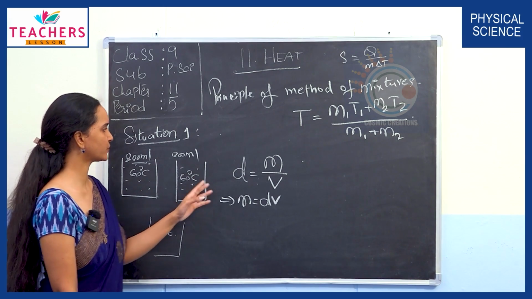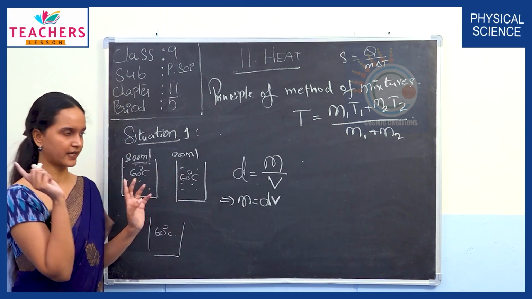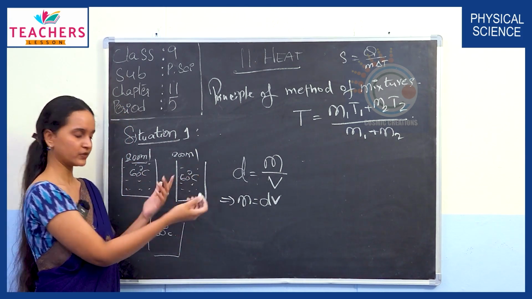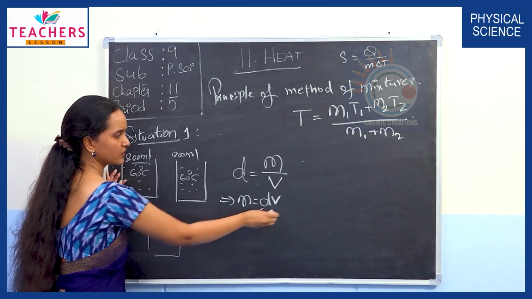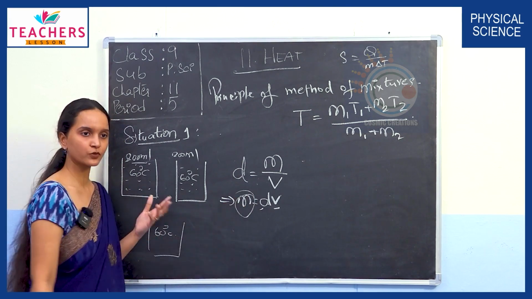So I don't have to worry about M1 and M2 now, because the substance is water, the densities are the same and the volume is the same, 200 and 200. That means mass would be the same.